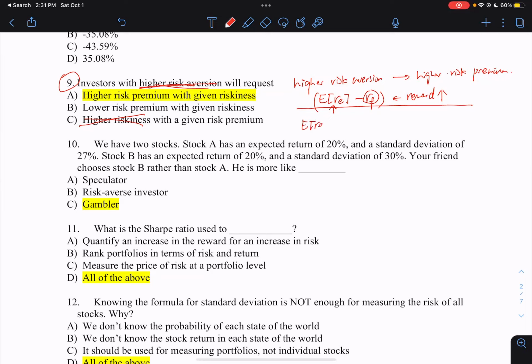Expected return is the expected next period price divided by this period price, and maybe minus 1 because it's a net return. So when an investor is risk averse, what is changing is the denominator.